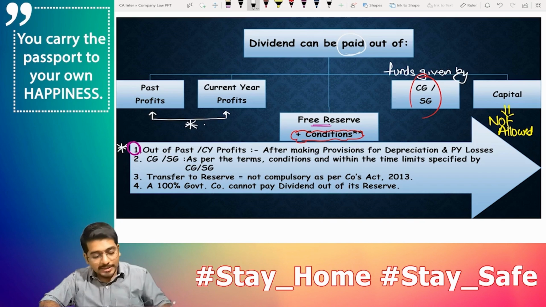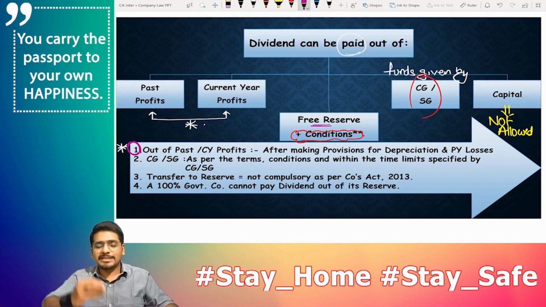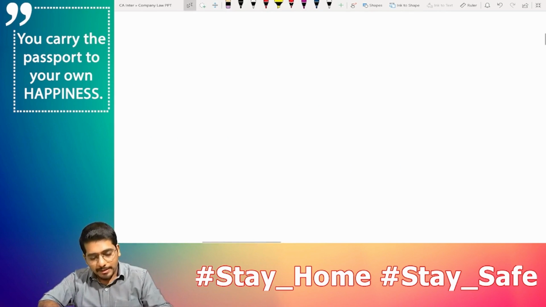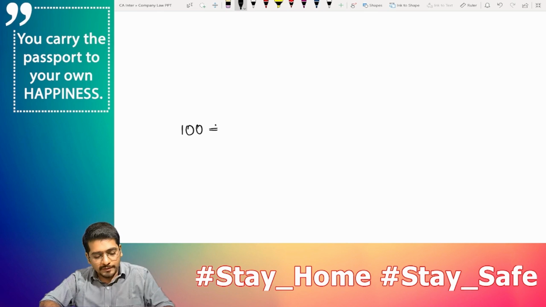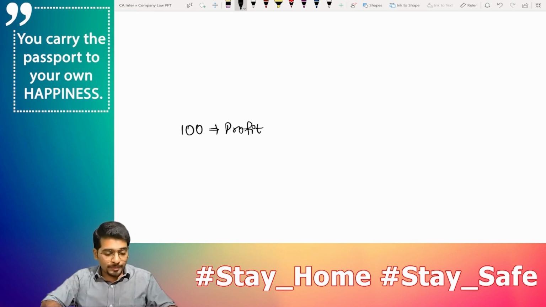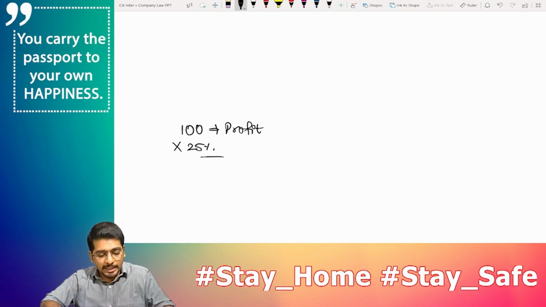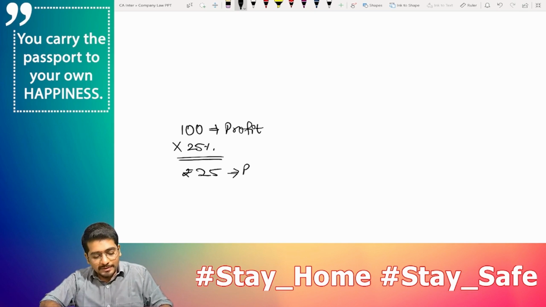In case you are saying that I have got X amount of profit this year, let us take an example. You are saying that, sir, I have got 100 rupees of profit this year. And from this 100 rupees of profit, I want to transfer 25%, that is rupees 25, to the reserves account.